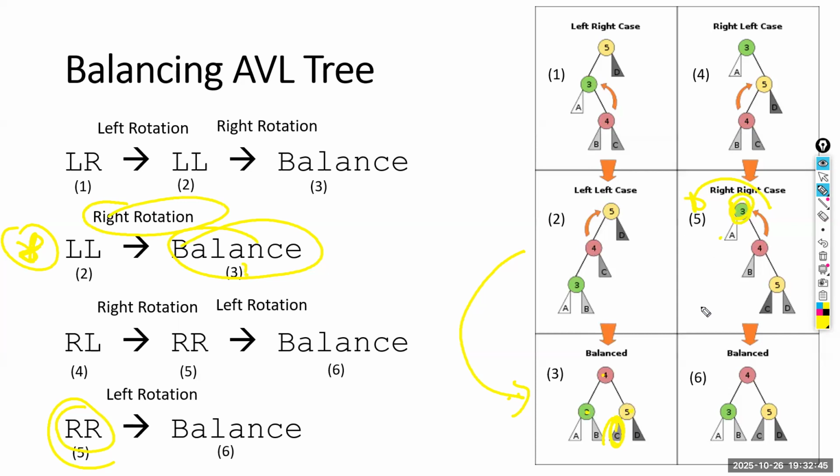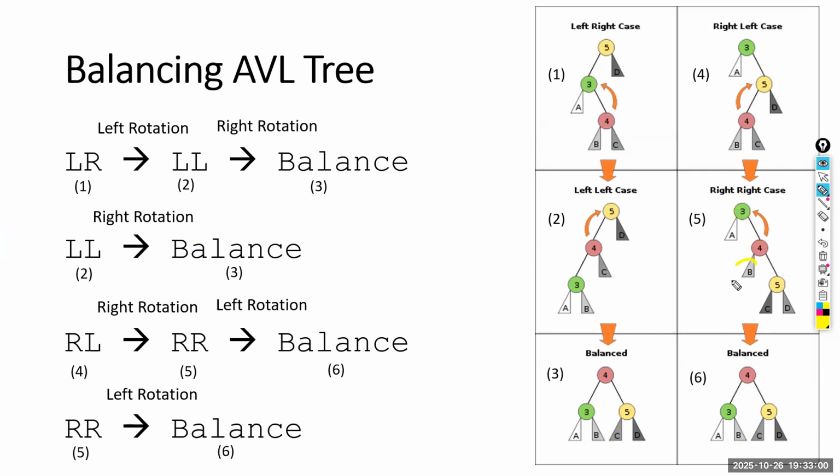Then 3 goes down, 4 comes to the pivot, 5 also goes up, but make sure the left child of 4 is now the right child of 3. You can see B. So that is how you fix right scenario. Just do a left rotation and it will be balanced.